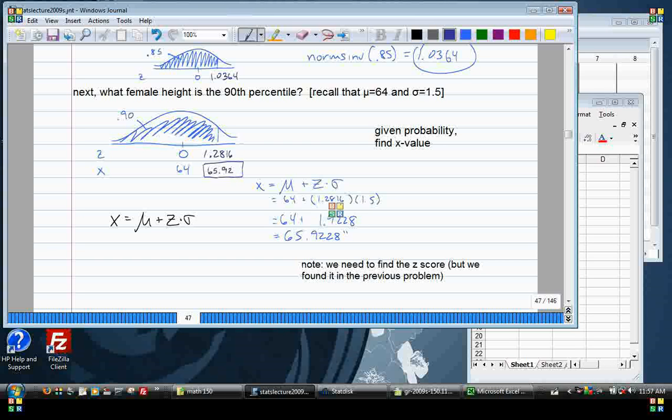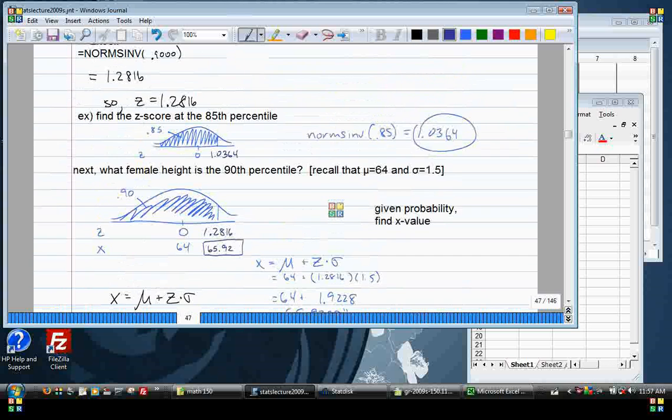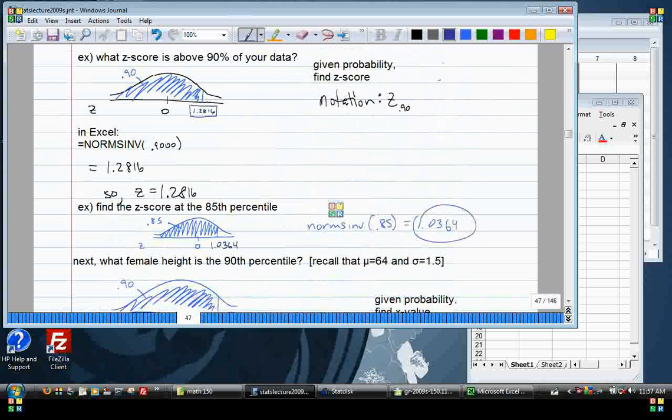So Violet, which part? Oh, because we did that 5 minutes ago. We said what z-score is above 90%, so we used norm S inv of 90%, and that gave us 1.2816 for the z-score.